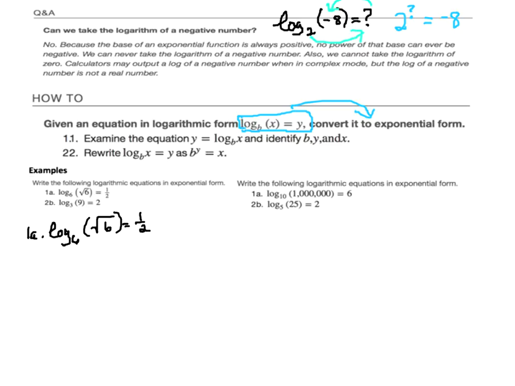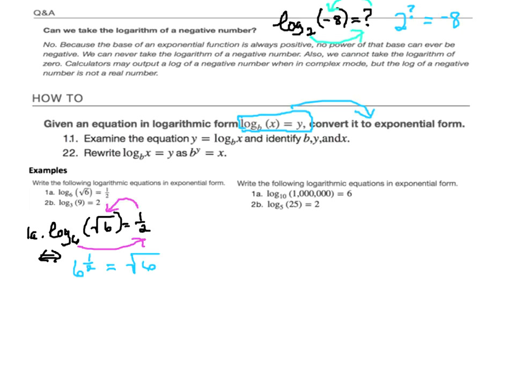If I want to convert that to exponential form, I start at my base, raise to the is, and that equals the of. This says 6 to the 1/2 power is equal to the square root of 6. So I've converted to exponential form, and that's a true statement.